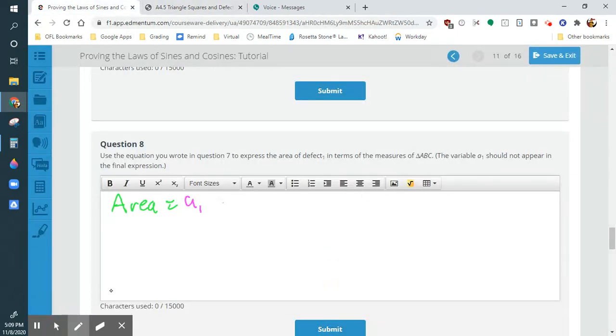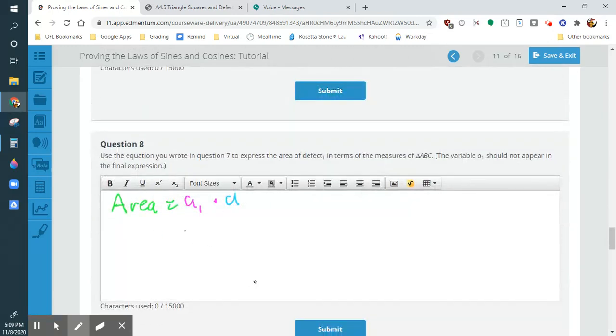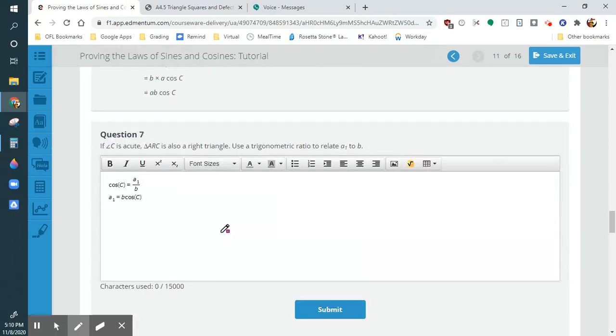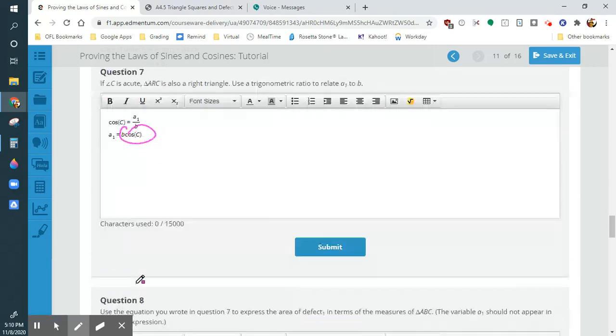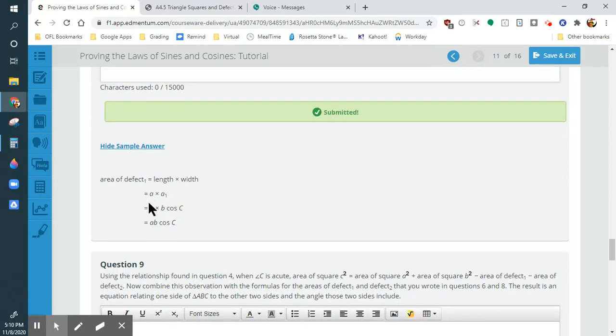A sub 1 times our regular A. And instead of writing A sub 1, I'm going to write that B. So I'm going to write A times the formula we did over here, which was B cosine of C. So that's what we're going to do. I'm just bringing this here and replacing it in. So I'm going to hit submit so you guys can see that. So we get this B cosine again.